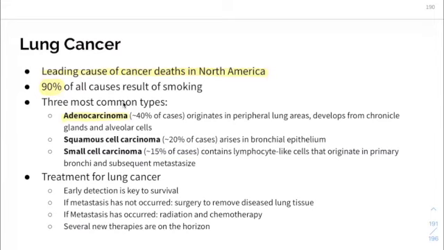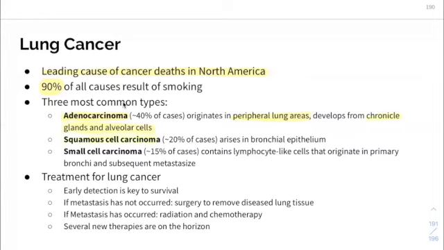It's usually a type of cancer that will spread easily throughout the body in one way or another. Adenocarcinoma comes from the peripheral lung areas, so those outer portions, but it develops from bronchial glands and alveolar cells.